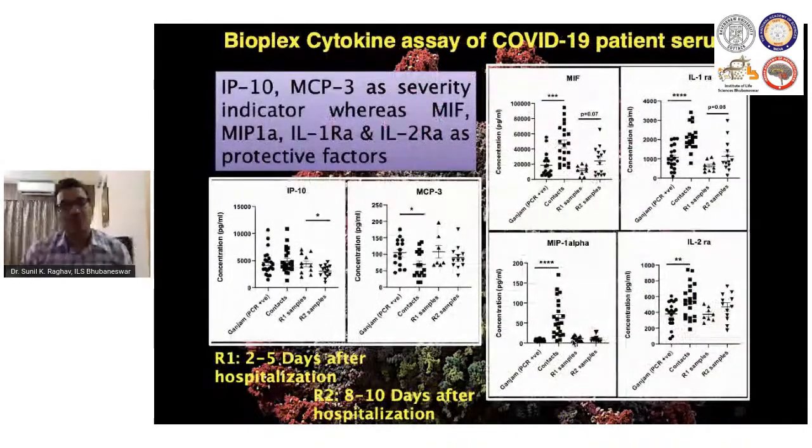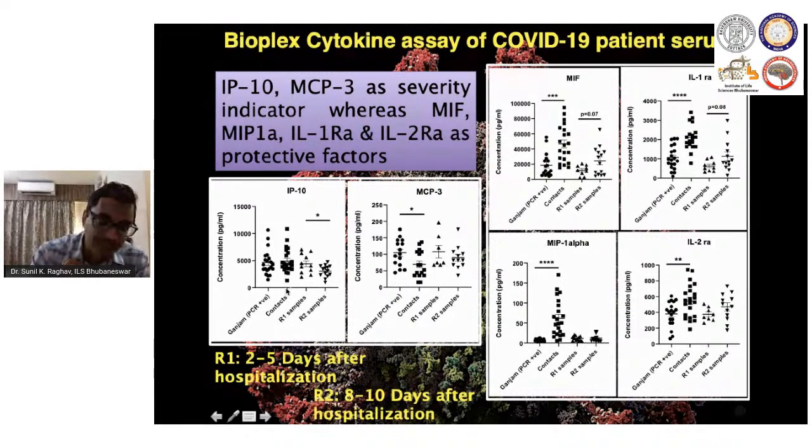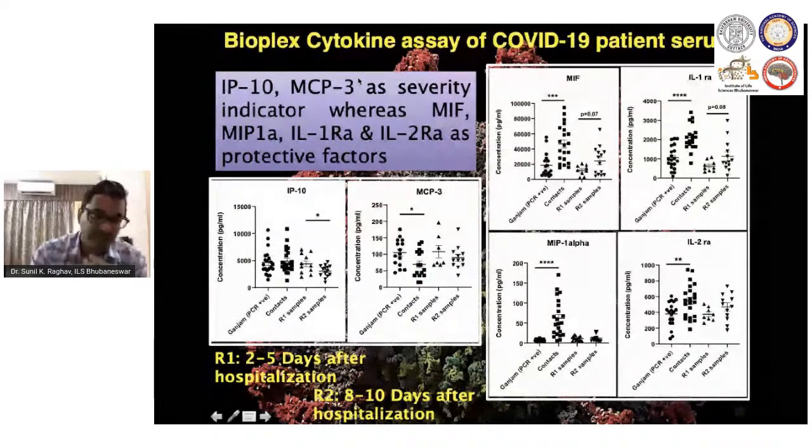Now, coming to antibodies, we see that the contacts have more antibodies as compared to the PCR positive cases, and that might be the reason they have utilized it. Now we look into the cytokines in their blood serum, what type of cytokines they have in the case of infected PCR positive versus the contacts. It is already reported that IP10 and MCP3 are severity indicators.